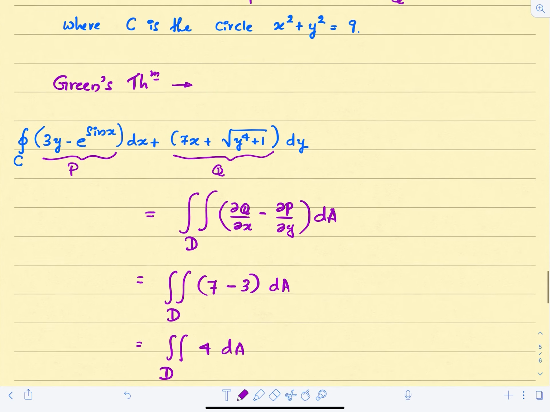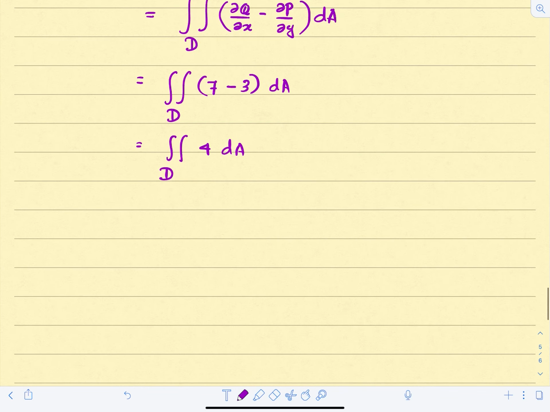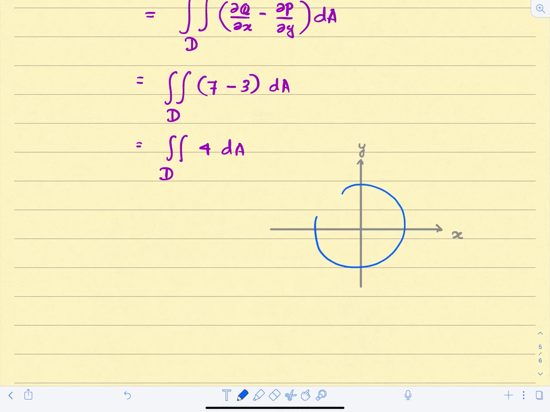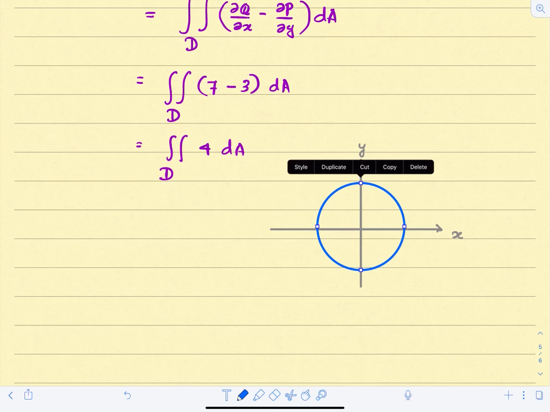Now what is your domain D? Your domain D is on the xy plane, and it is a circle with radius 3. So this is x squared plus y squared equals 9.